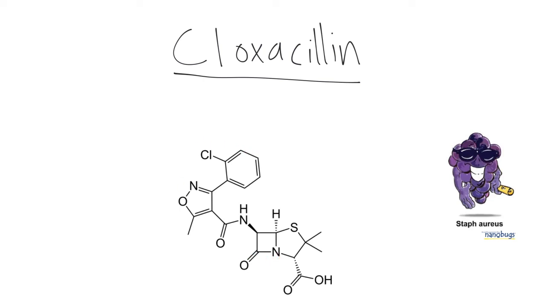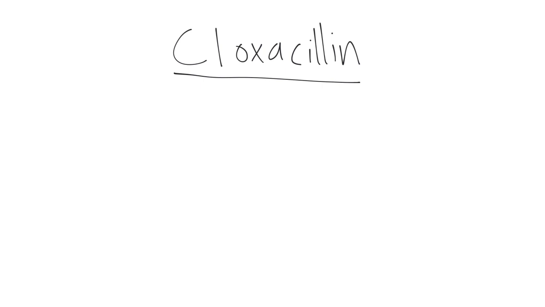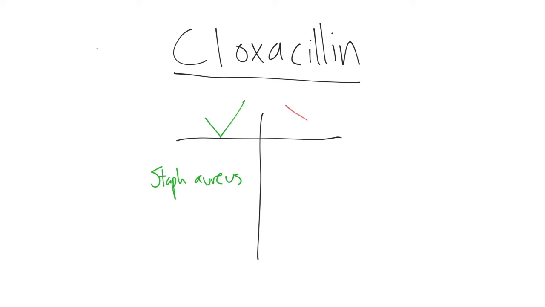That essentially gets in the way of the penicillinase binding to Cloxacillin, making staph aureus now susceptible because its penicillinase doesn't work. Now, there's a bit of a trade-off in that the big, bulky side chain makes it a little bit less effective of an antibiotic overall. So really the only circumstance when you'll use this is against staph aureus infection. That is it. No other circumstance does it really make sense to use Clox.